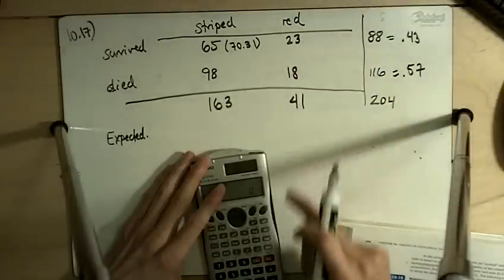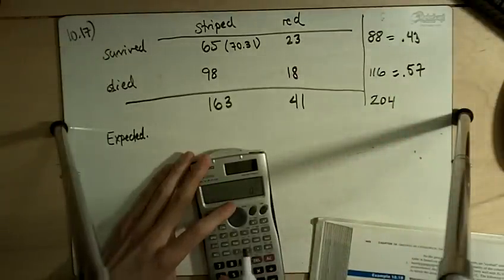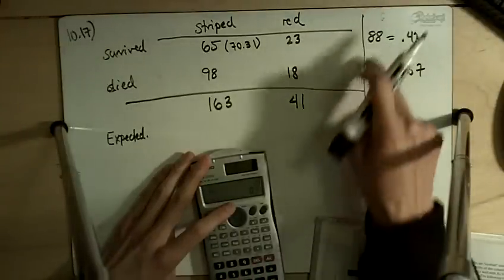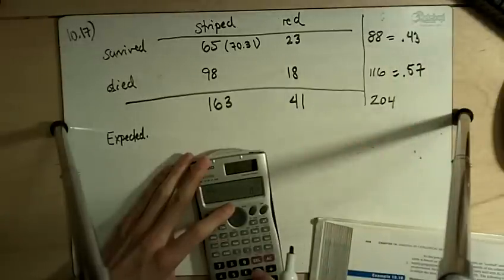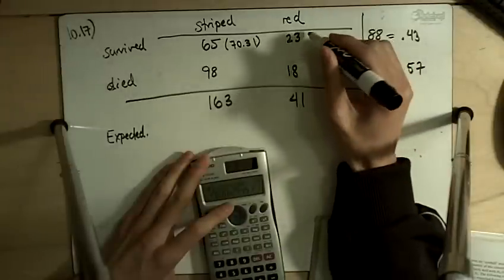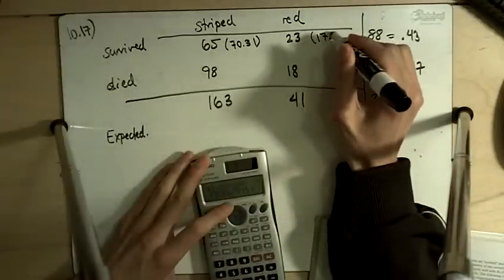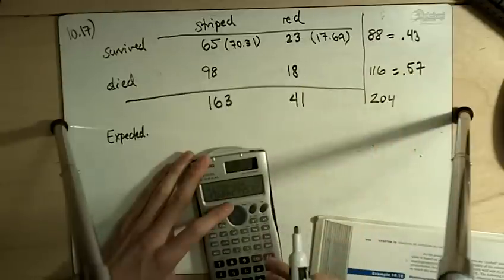And then for the red salamanders, we're expecting 41 times 88 divided by 204, 17.69 to survive.